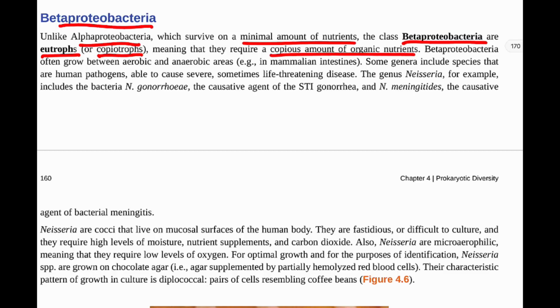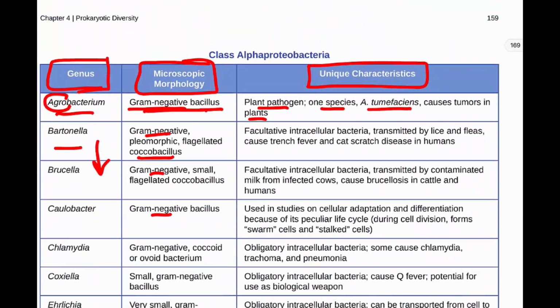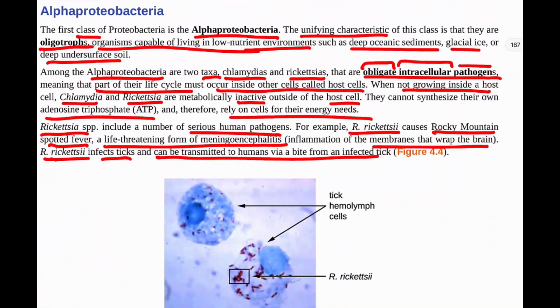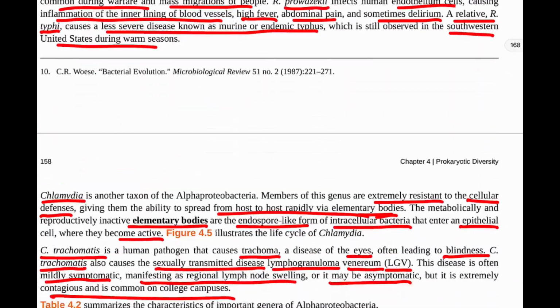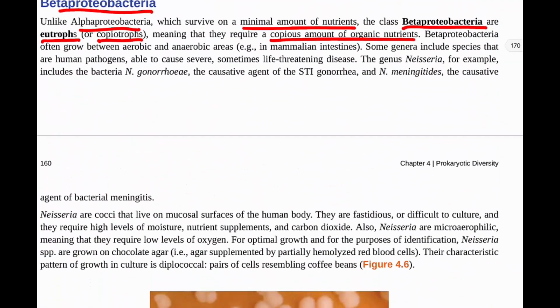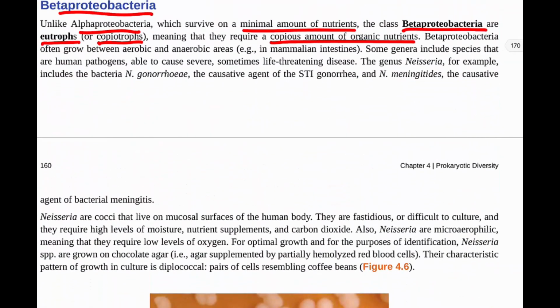So again, unlike the alpha Proteobacteria that we just went through, that are oligotrophs, meaning that they can live in low nutrient environments, the beta proteobacteria are the opposite of that. We're talking about those that need lots and lots of organic nutrients in order to survive.